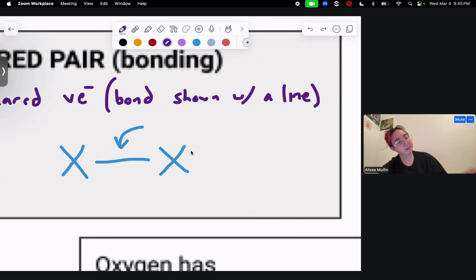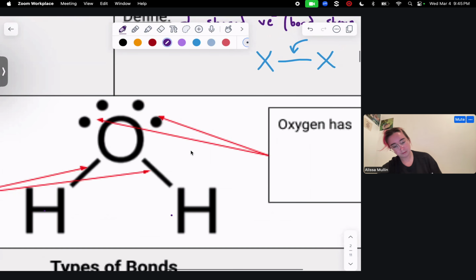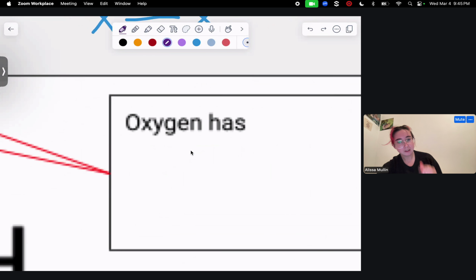So let's see an example and see if we can dissect what's going on with our electrons in this example. So I have two H's here. So H2, and I have an O. So H2O. This is what water kind of looks like. And let's look at what's going on here. I notice there's some dots on oxygen. So again, when you see dots, that means unshared electrons.